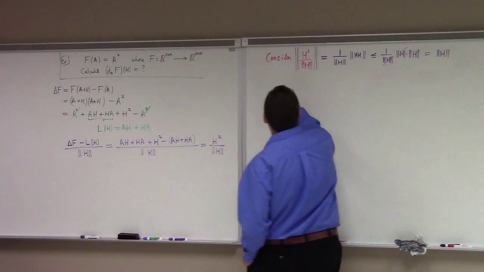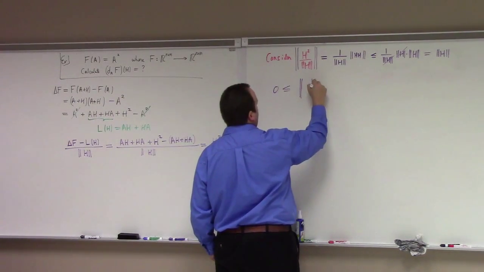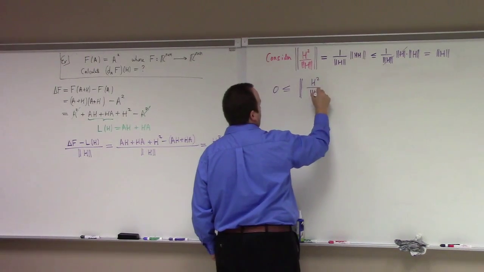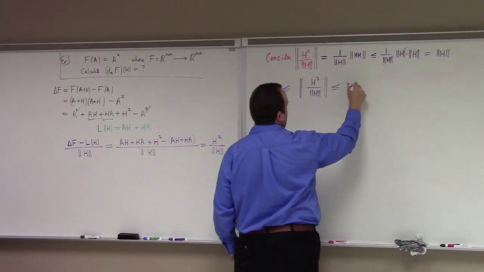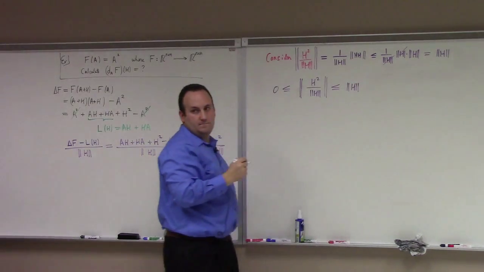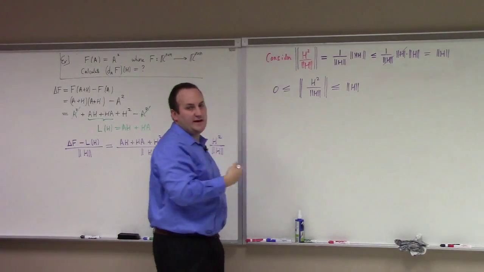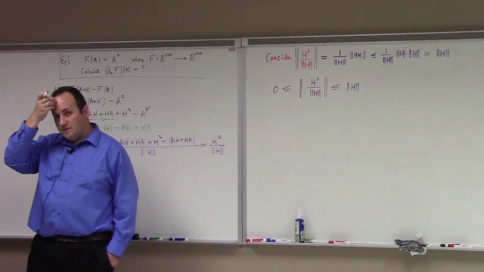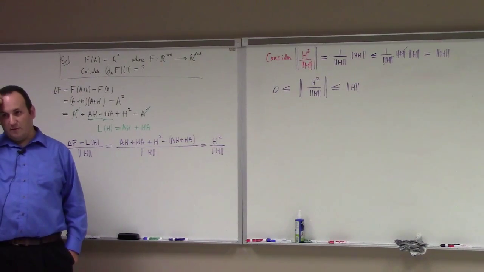So of course, 0 is less than or equal to the norm of h squared divided by the norm of h, which is less than or equal to the norm of h. That inequality follows from the Banach algebra estimate. That's the most evil problem in your first homework.